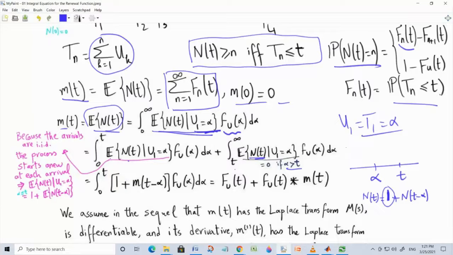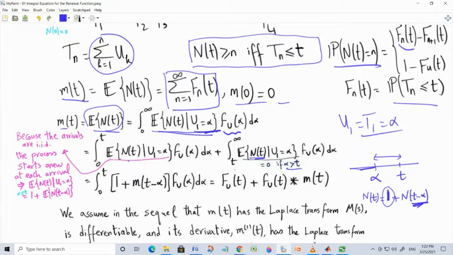So if your first arrival occurs at instant alpha, and then you study the number of arrivals at time t, there are no arrivals before alpha, there is one arrival at alpha, and then you shift the time origin and ask what is the number of arrivals on the time interval t minus alpha.